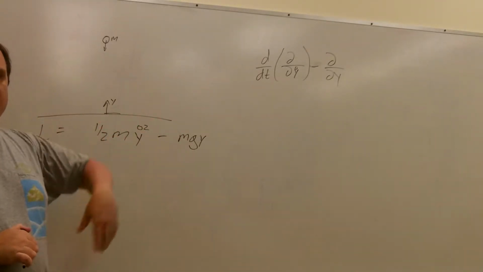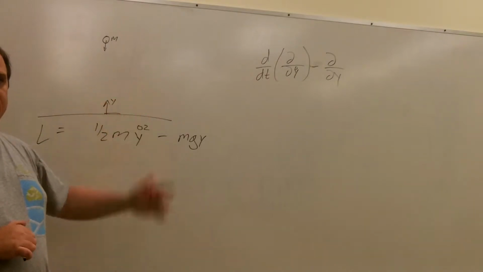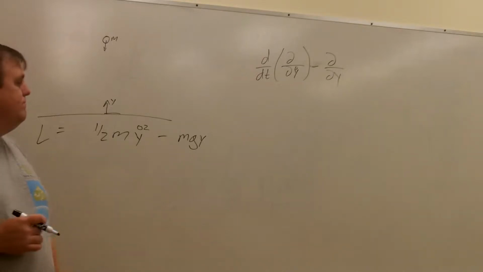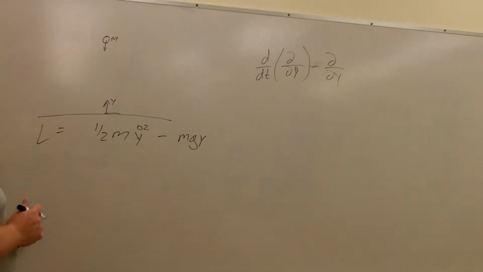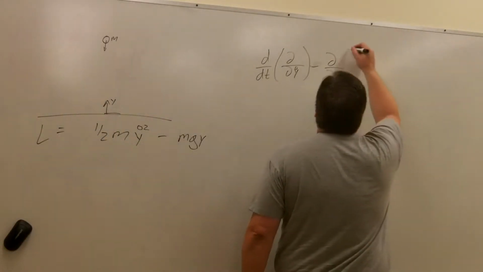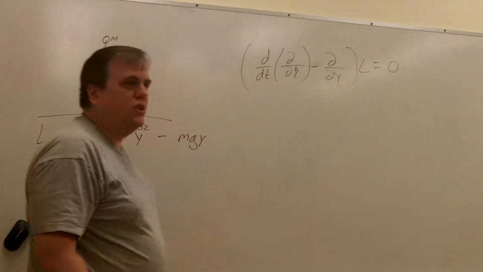If I had some theta, I'd have it with respect to theta and theta dot. So whatever my variables are, I take the respective derivatives. Good? Okay, so let's go through and take a look at it. And we say that when we apply this to whatever our Lagrangian is, that must be 0 for a system that's in equilibrium.